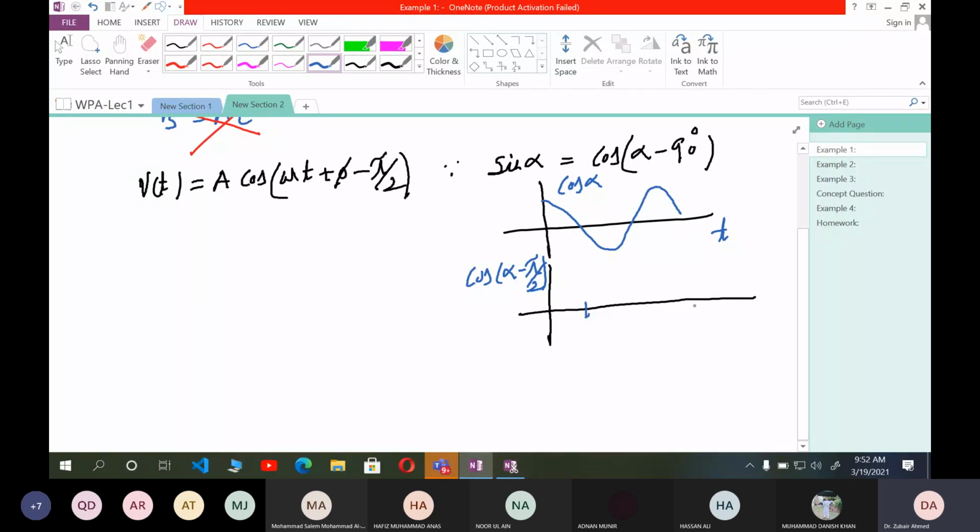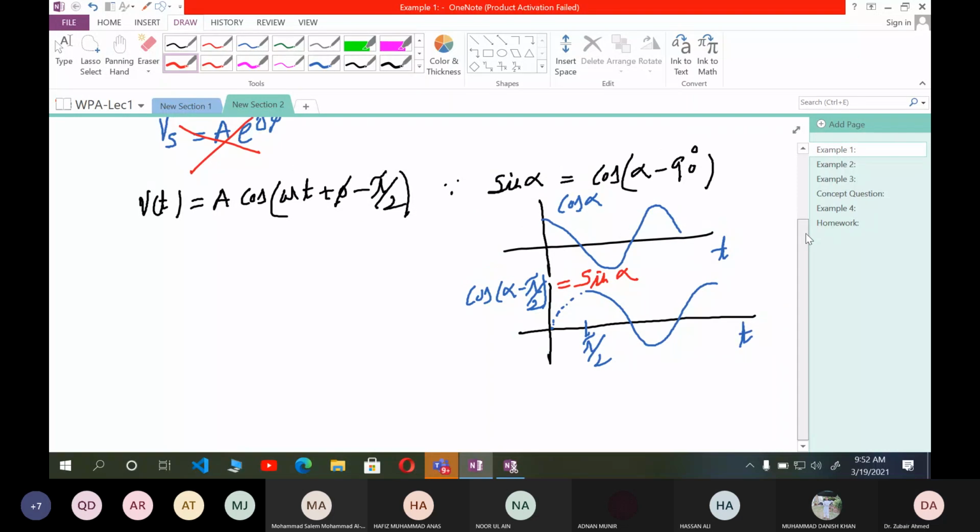So this whole graph will be shifted rightward. If I extrapolate this graph, what does this function look like? This is actually sine alpha. So this means that cosine alpha minus pi by 2 is sine alpha. This was the trigonometric identity we are using.